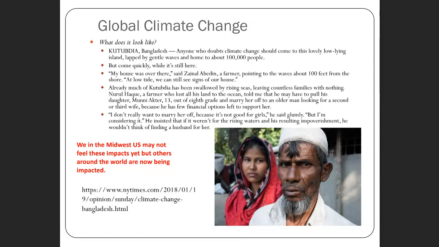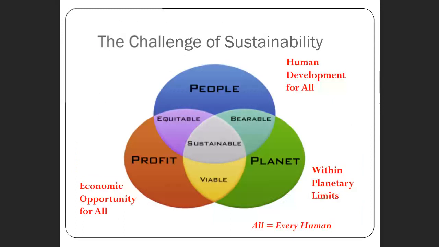As we face all these challenges, we have to think about all the other human beings that share the planet with us and make sure we're doing the best by them as well. Here's our challenge of sustainability: every human wants to have economic opportunity and development, and we have to do it within the limits of the planet. So those are our challenges.